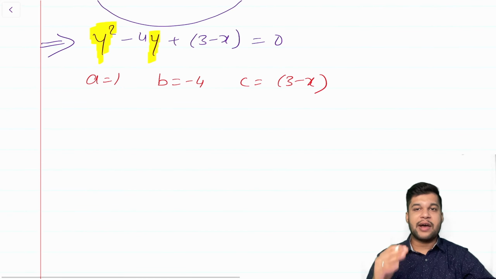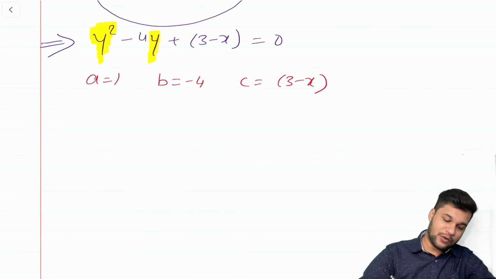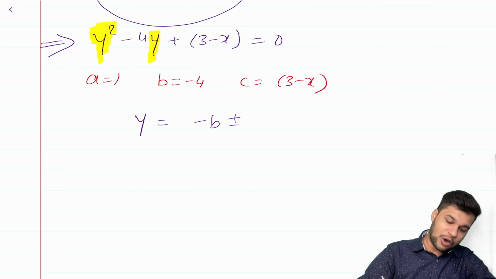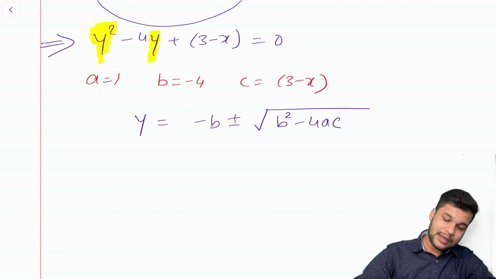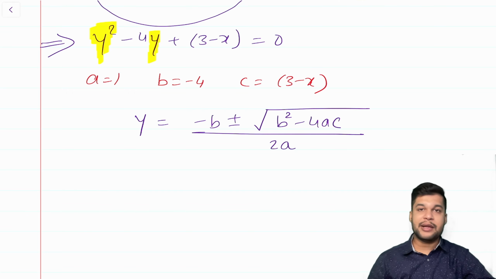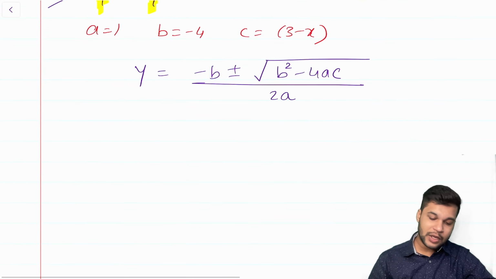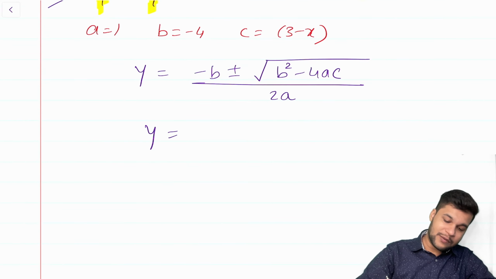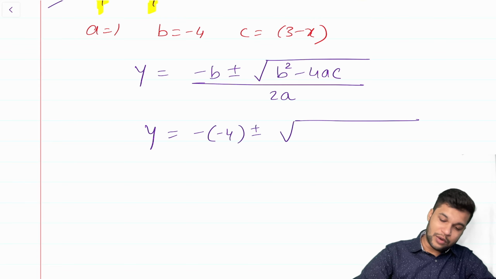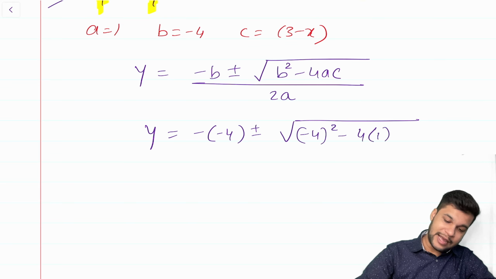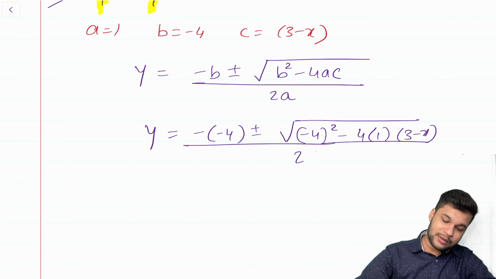So how do I find the value of y? So y will be equal to negative b plus or minus square root of b square minus 4ac divided by 2a, right? So the thing becomes y equal to negative of negative 4 plus or minus square root of (negative 4) whole square minus 4 times a, which is 1, and c, which is 3 minus x, divided by 2 times 1, which is 2.